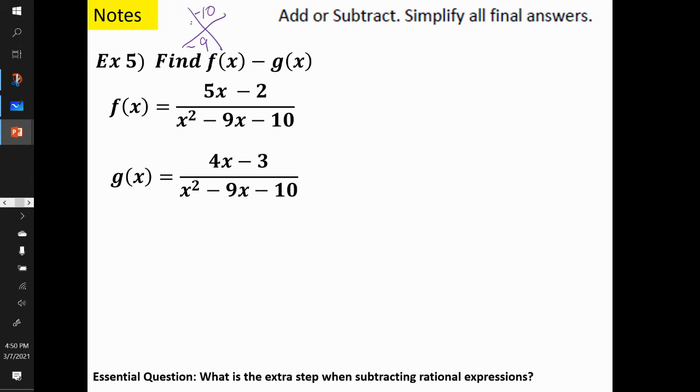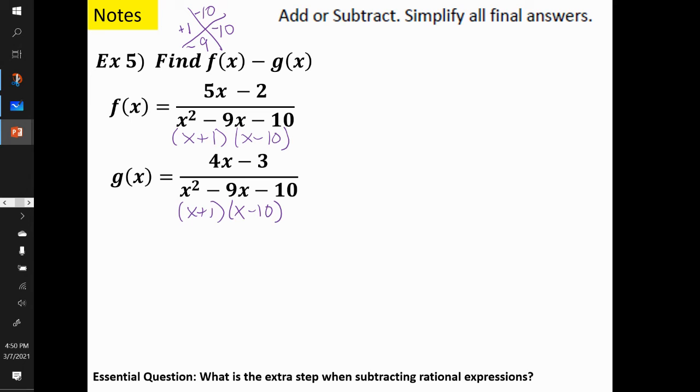So we know it has to be 1 and 10. Since it is a negative 9, we know that 10, the large number, has to be negative, and the smaller number has to be positive, because negative 10 plus 1 is negative 9. All right, we're going to go ahead and write that. x plus 1, x minus 10. And this is the same thing, so we could just bring it down here as well.